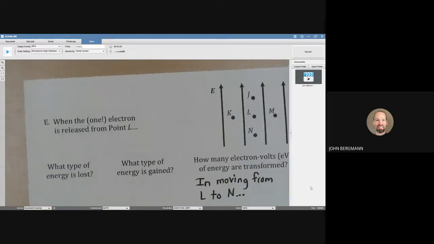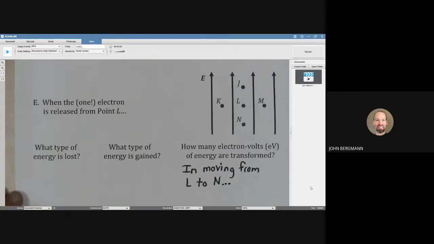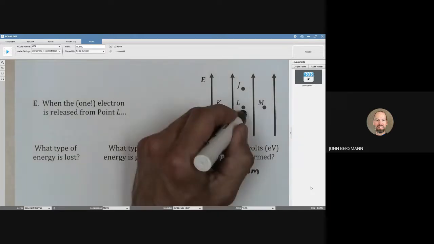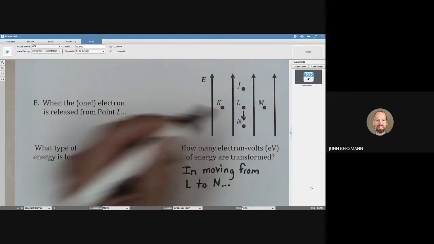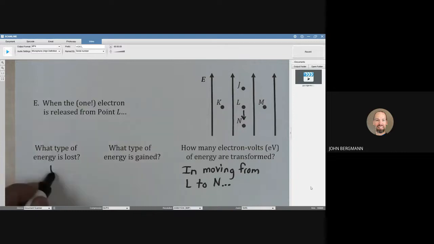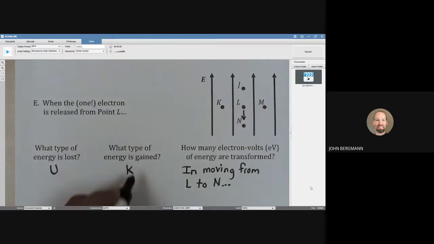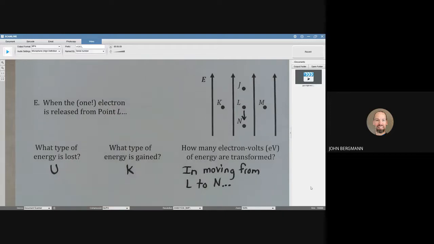All right, let's finish up here. When the 1 electron is released from point L, we said it's going to travel in this direction here. What type of energy is lost? Well, potential energy. And what type of energy is gained? Kinetic. This electron is going to speed up. And how many electron volts of energy is this?